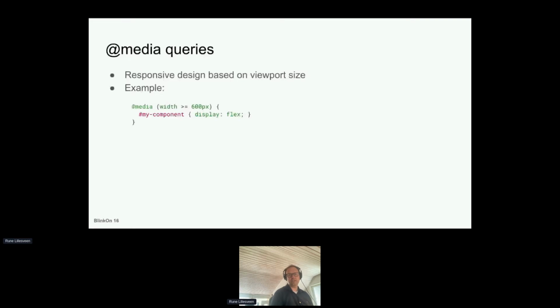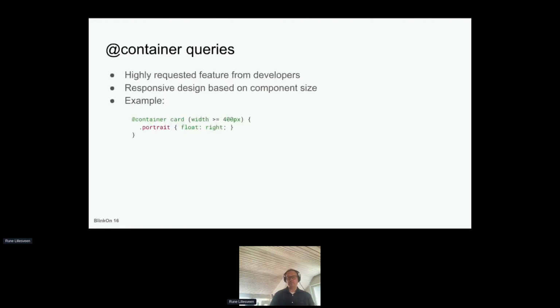So in light of that, authors have been asking for what we call container queries, where instead of querying the viewport size, you can query the size of your component that you're creating. Basically what I said, highly requested features from developers when we've been doing dev surveys.